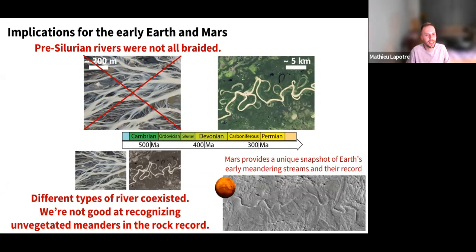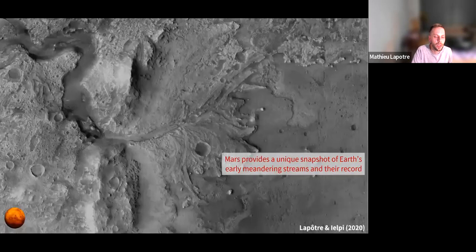So this has profound implications for the way we approach paleohydrology on the early Earth, but also, and perhaps more importantly, on Mars. Because there is no plate tectonics on Mars, the remnants of billion-year-old meandering streams, some of the earliest sedimentary records that we have in the solar system, have been preserved, providing a unique snapshot of Earth's early meandering streams and their record.